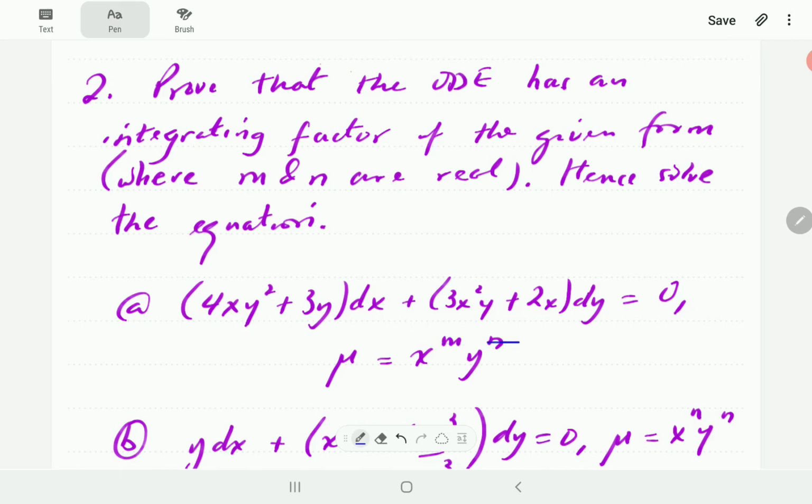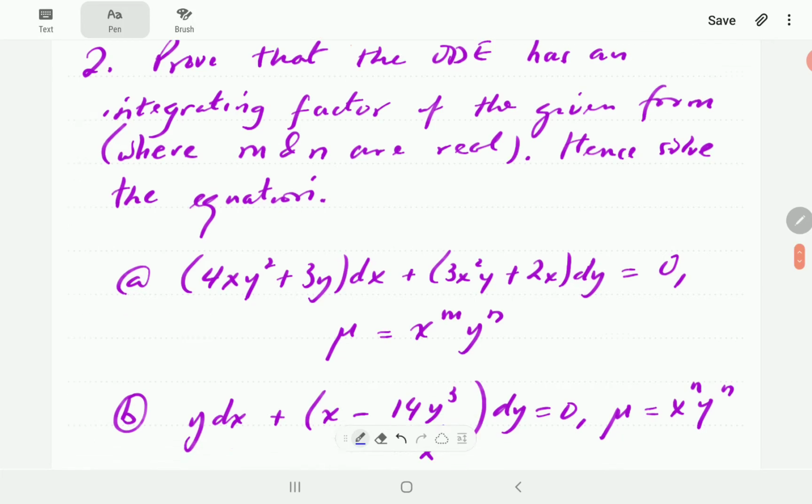So basically we need to find the values of m and n, and then once that is done, we're going to use that to solve the equation.